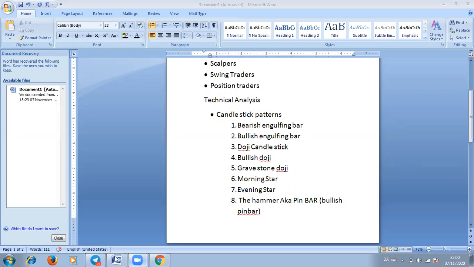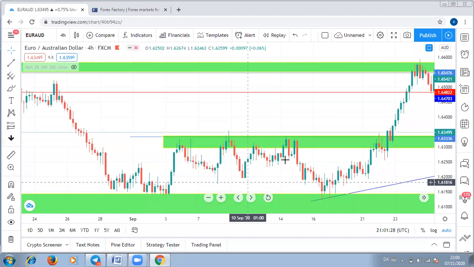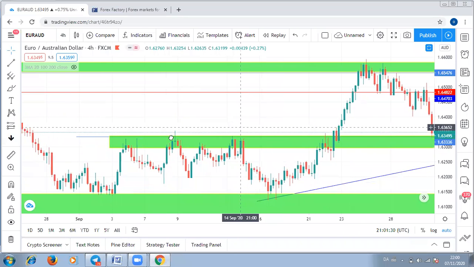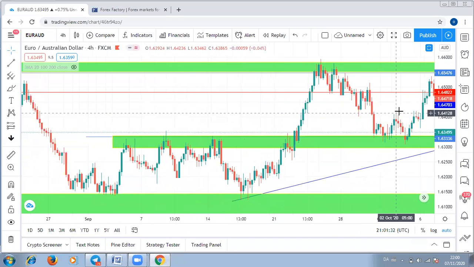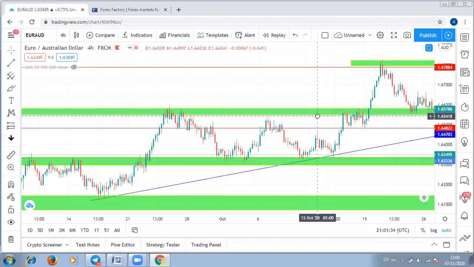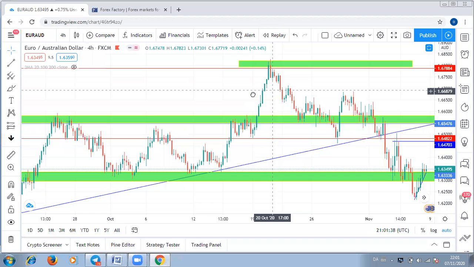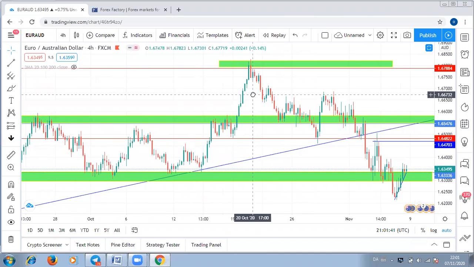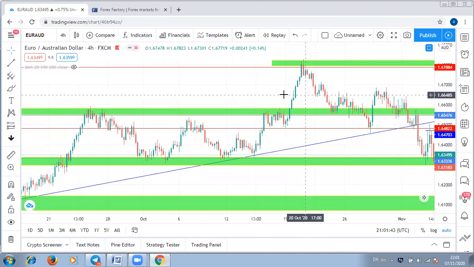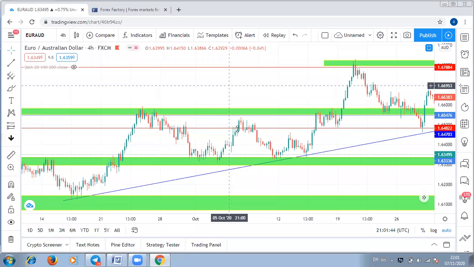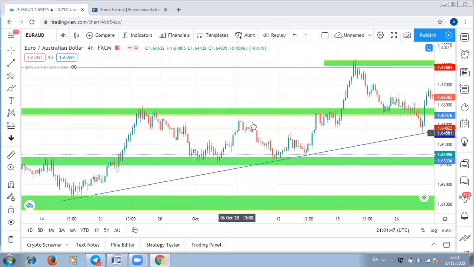So let us see if we can find some evening star patterns on our charts. Let's look at that evening star chart pattern.